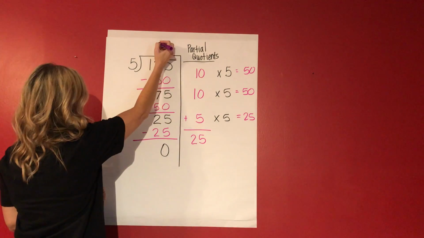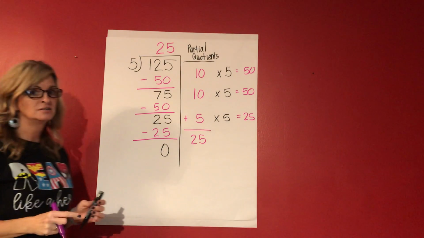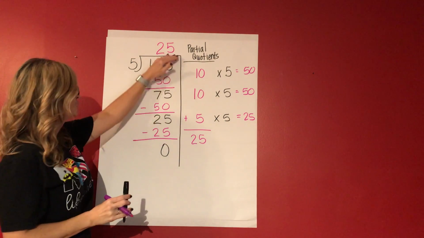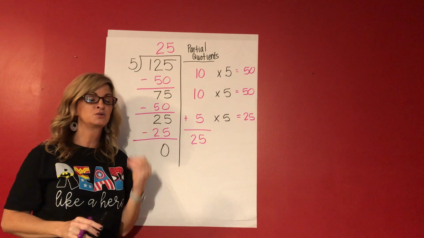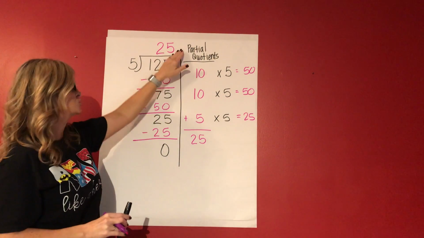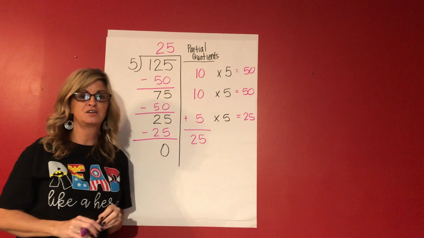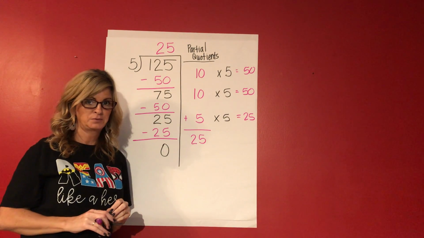And so my answer, my quotient, is 25, which means there are 25 players, 5 players on each lacrosse team. There are 25 teams that make up the 125 people total at camp, okay?